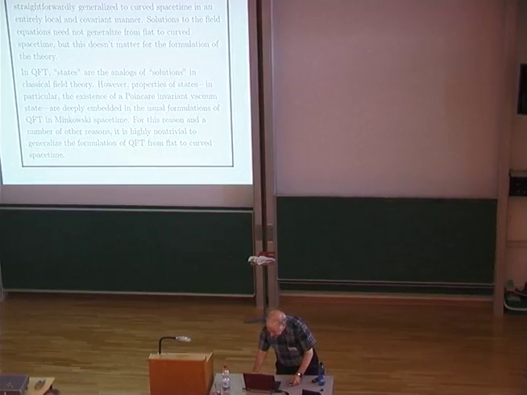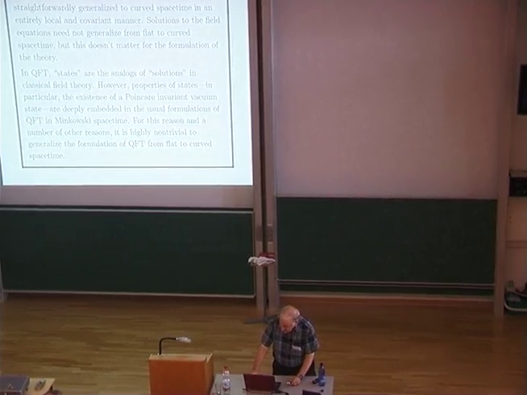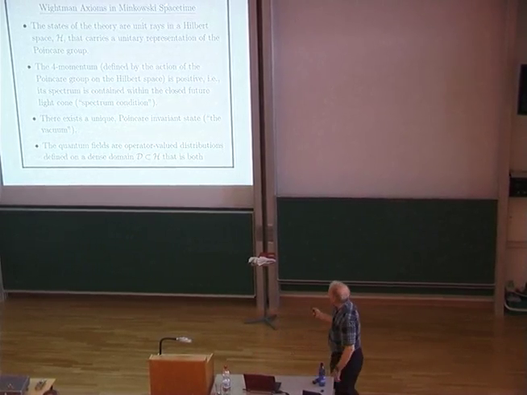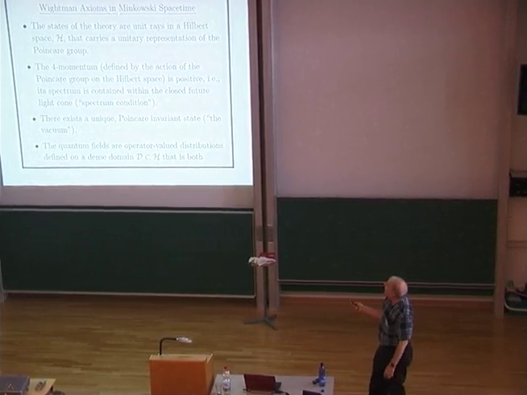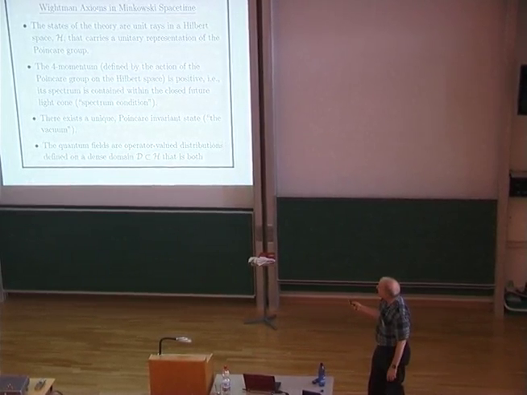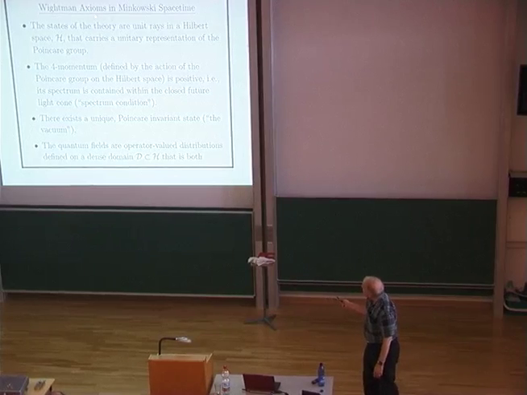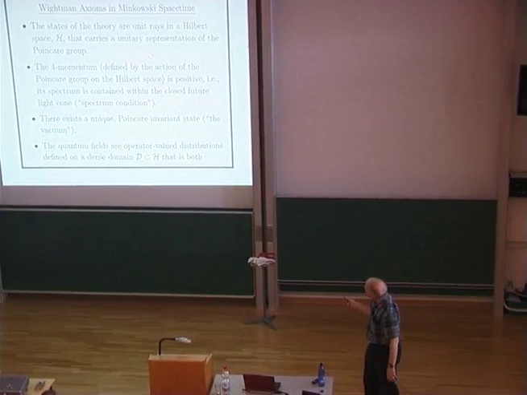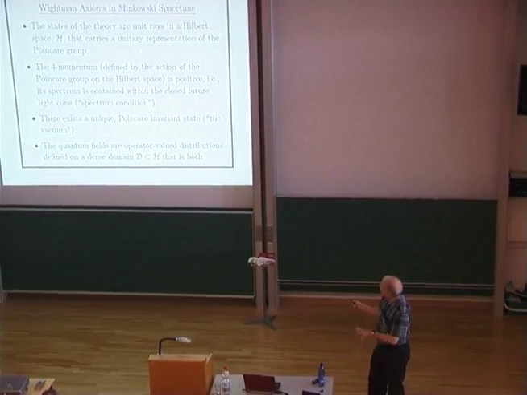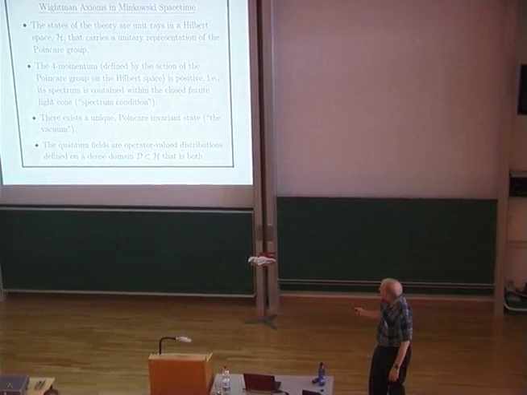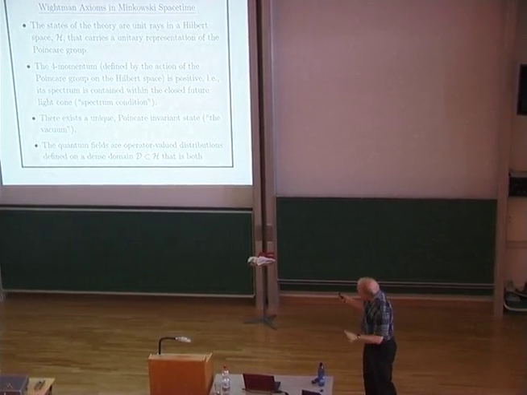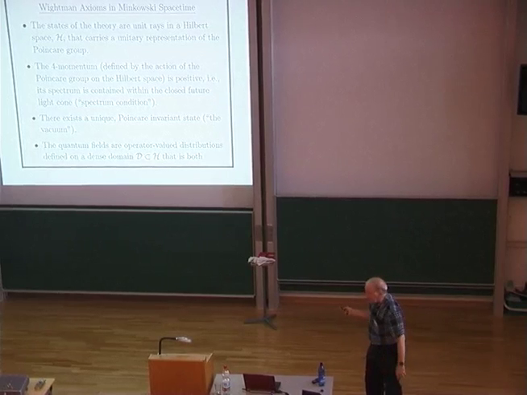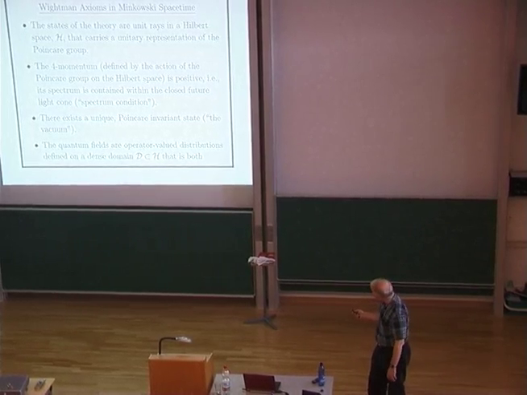And now let me get into more of the details of that, or be much more explicit about that, by taking an explicit look at the Wightman axioms in Minkowski space-time. I've just chosen this because it's a clear, clean set of basic principles of quantum field theory, but again, with any other formulation, I'd have very similar things to say.